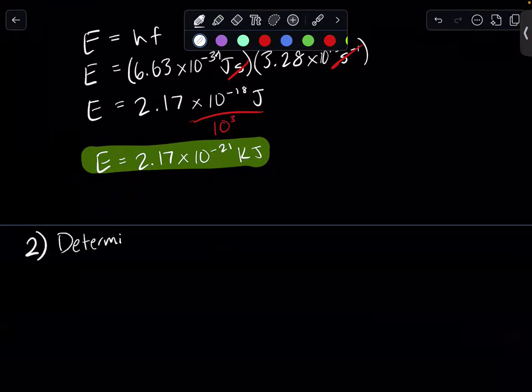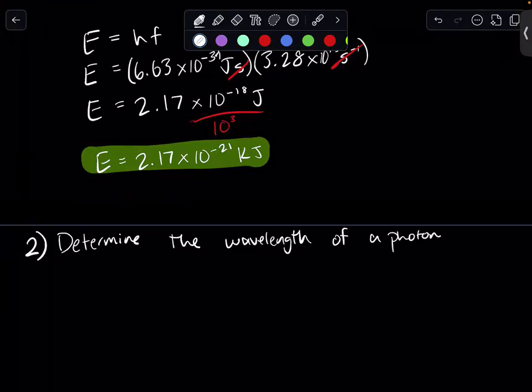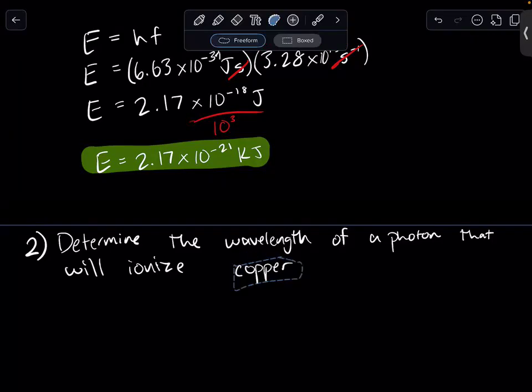Determine the wavelength of a photon that will ionize an atom of copper. So one atom of copper.